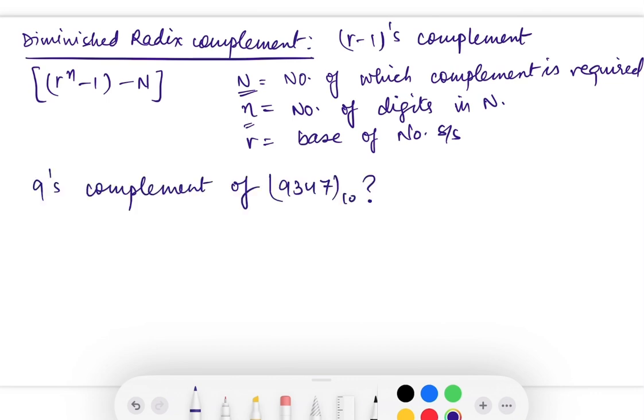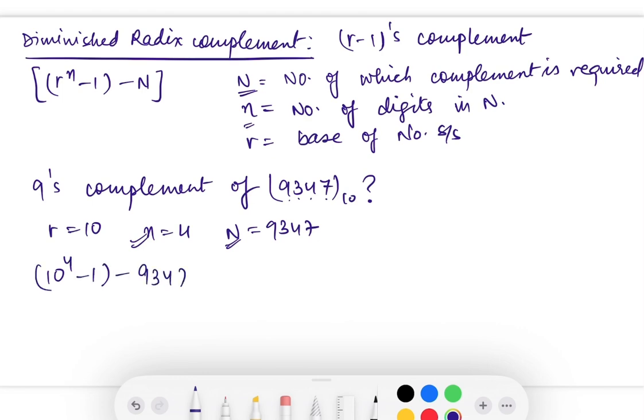Okay, 9's complement of the number 9347 needs to be calculated, which is in the decimal number system. So here r is equal to 10, small n is equal to 4 and capital N is equal to 9347. Four digits are there, so small n is equal to 4 and capital N is the number जिसका हमें complement निकालना है. Okay, so now put everything in the formula. So 10 raised to the power 4 minus 1 minus 9347, right?